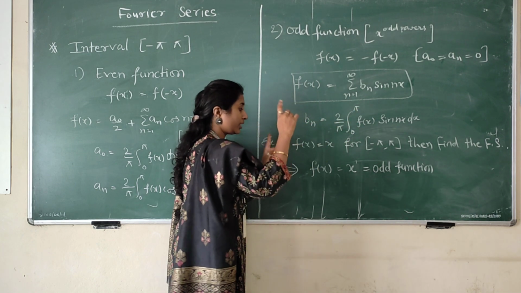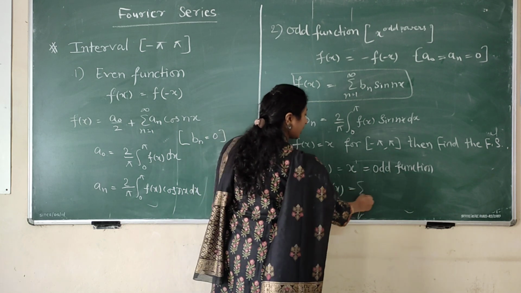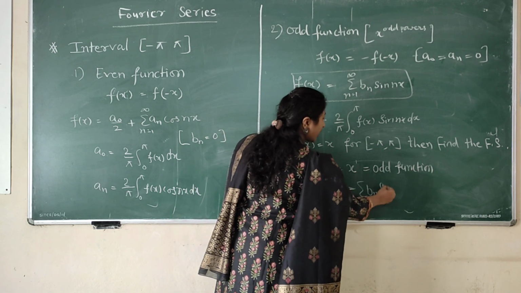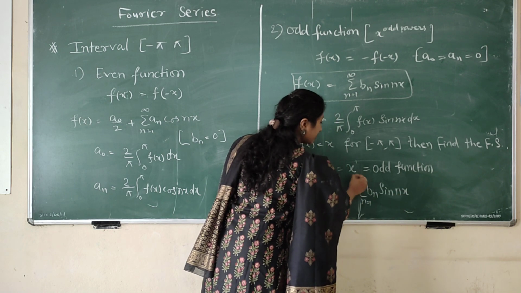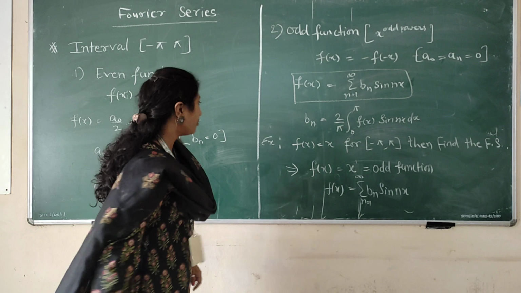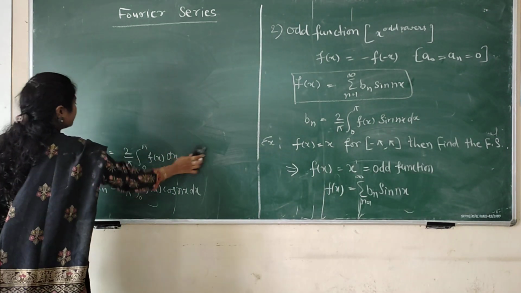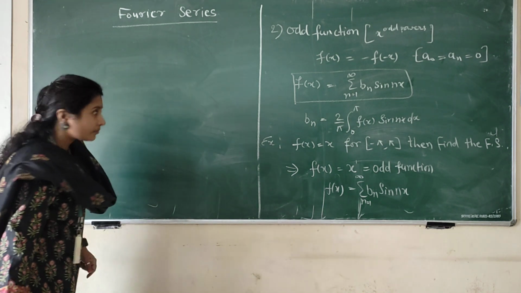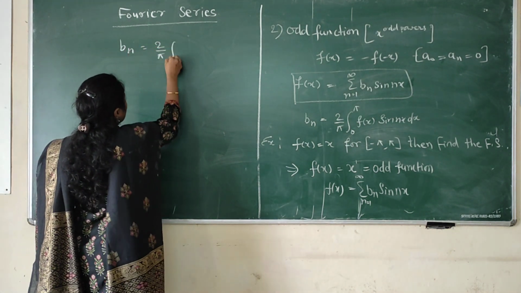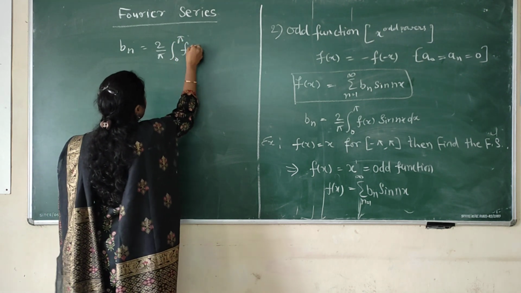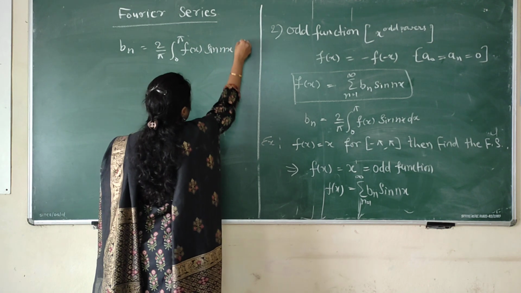So by using this, we are writing f x is equal to summation bn sin nx, and the formula of bn is 2 upon pi, integral 0 to pi f x sin nx dx.